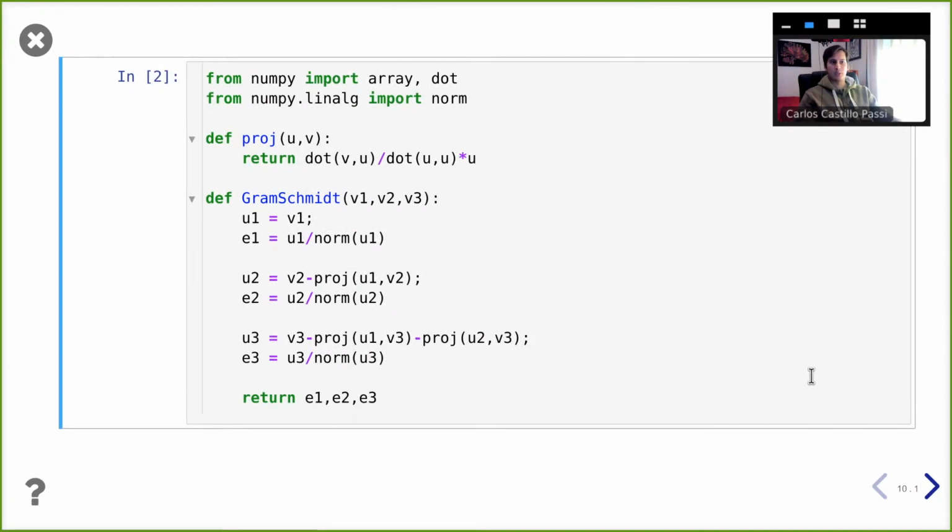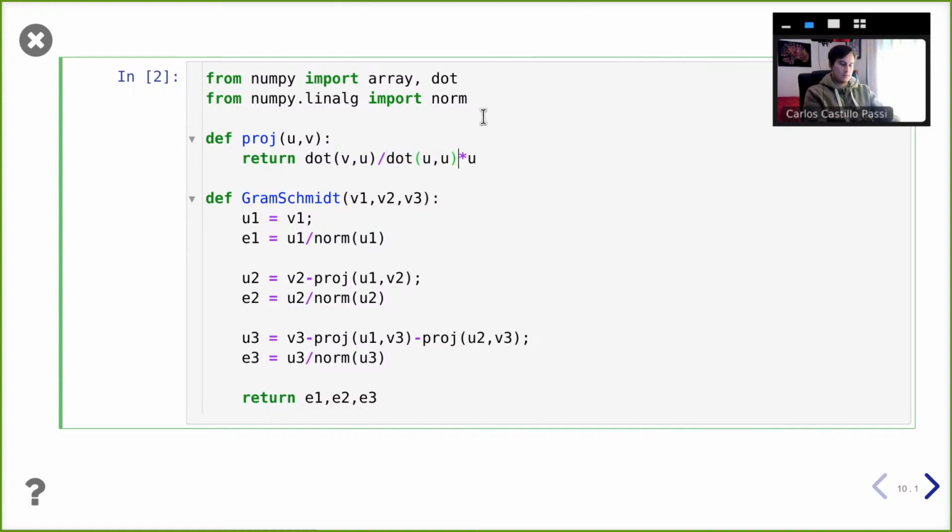Let's see an example of how this can be written in code. First, let's import the dot product or inner product. They are the same. And let's define this projection operator. The projection receives a vector u and a vector v, and it does the dot product between this v and u, then divides by the norm squared, or just the dot product between u and u.